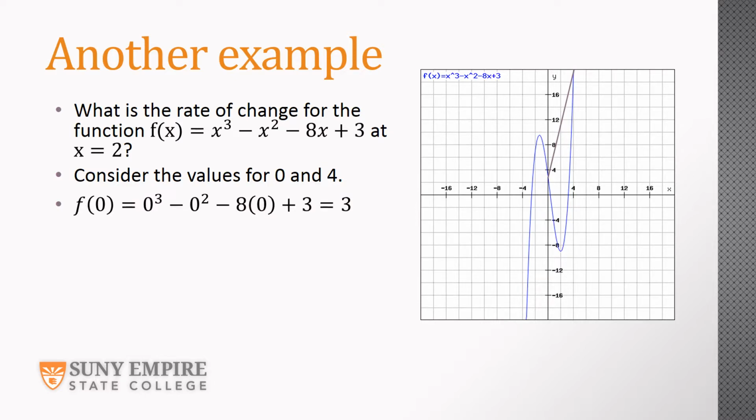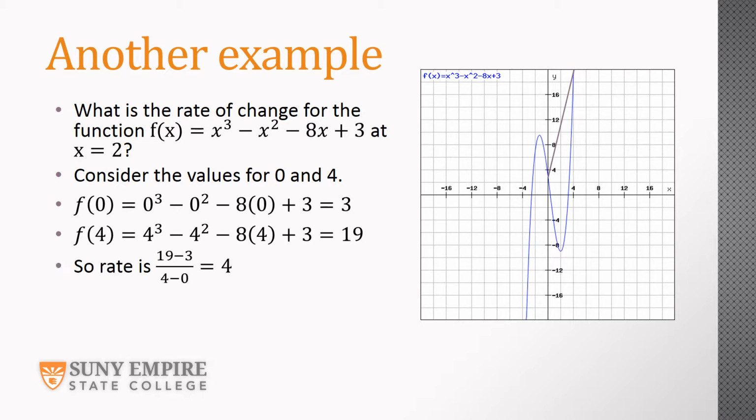Plugging in to find the function value for 0, we find that f of 0 is 3. When we plug 4 into our function, we get a value of 19. Now we can find our slope. We have the quantity 19 minus 3 divided by the quantity 4 minus 0, which simplifies to 4.